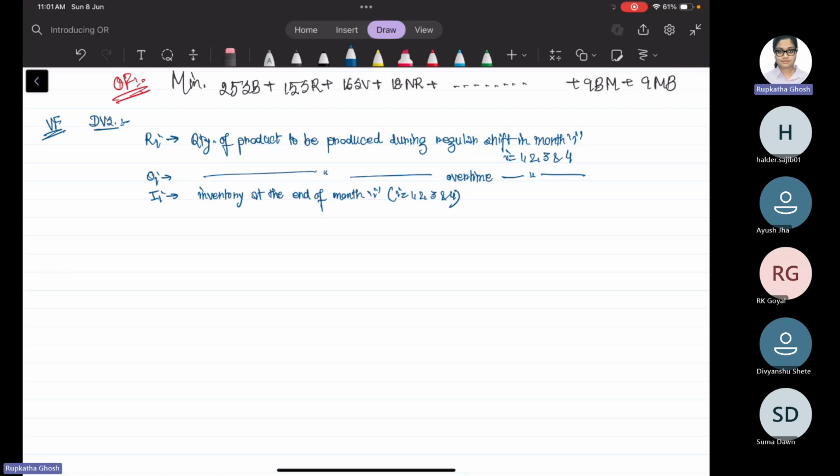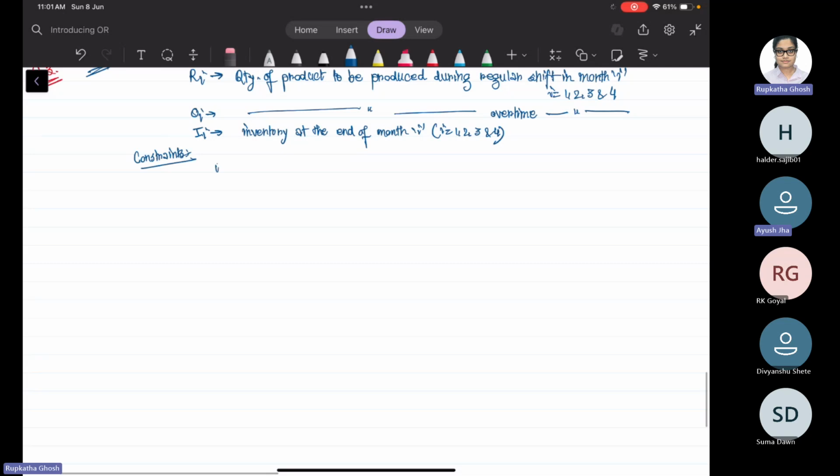Okay, what are the constraints? Overtime production and regular shift production. Very good. What is the associated statement in the paragraph? It is limited to 100 units and 60 units. Absolutely right. So you will have regular shift capacity constraint.